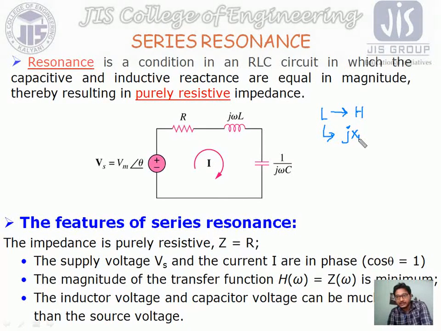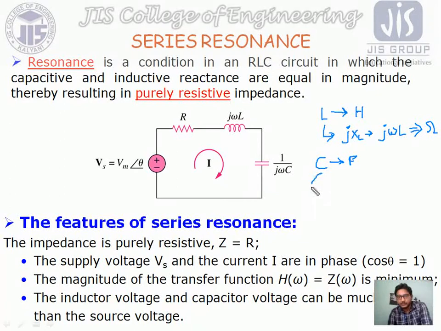XL means inductive reactance, and we can write XL as omega L, so we can write j omega L. Again we know omega is equal to 2 pi f. If we put the value of omega, that will be j into 2 pi f into L, having the unit of ohms. And similarly capacitance C has the unit of farad, that we know.